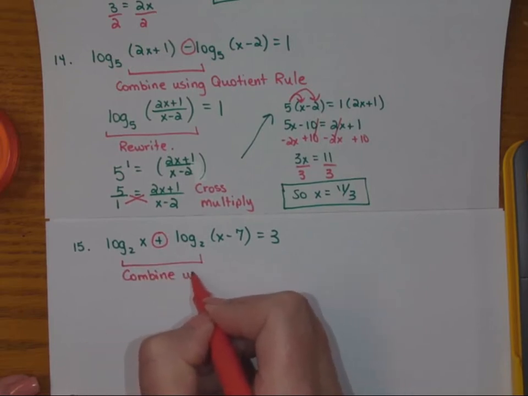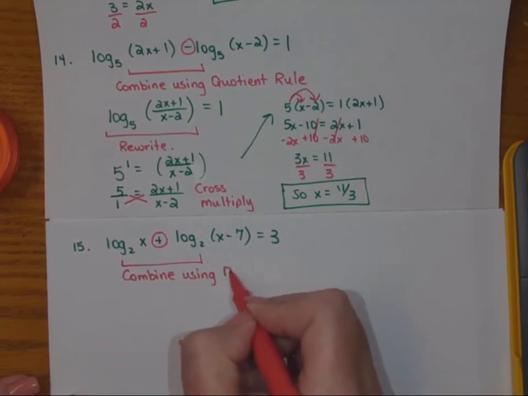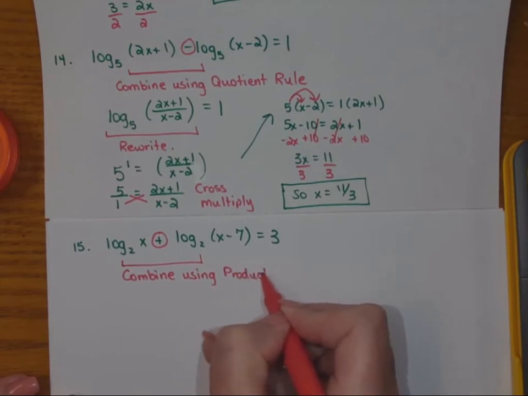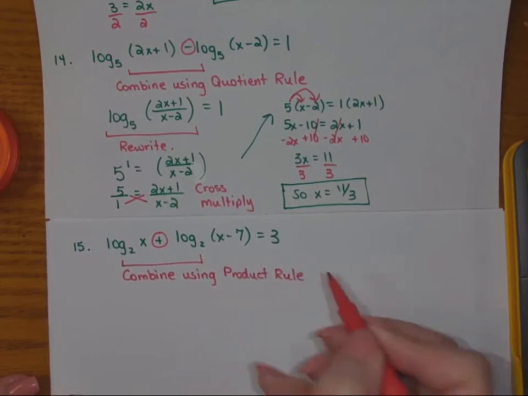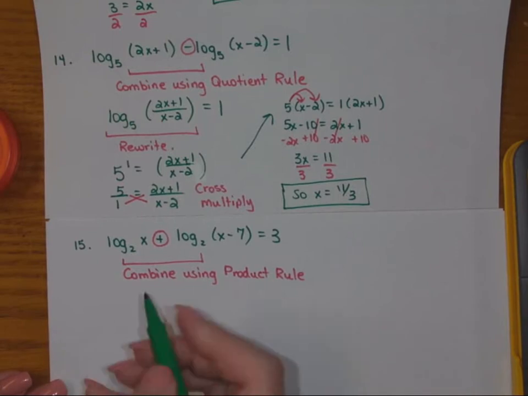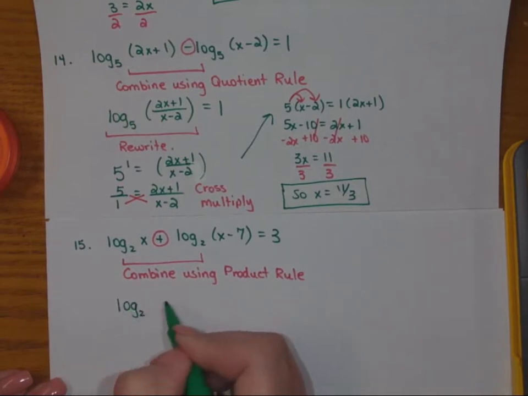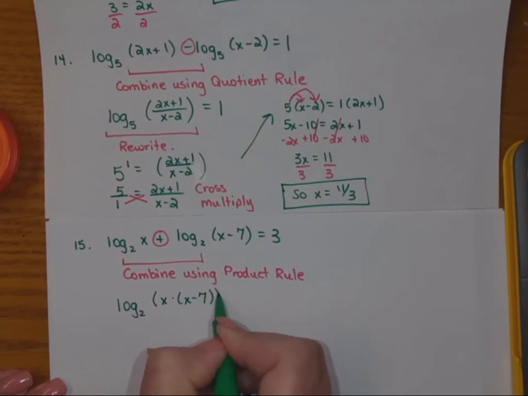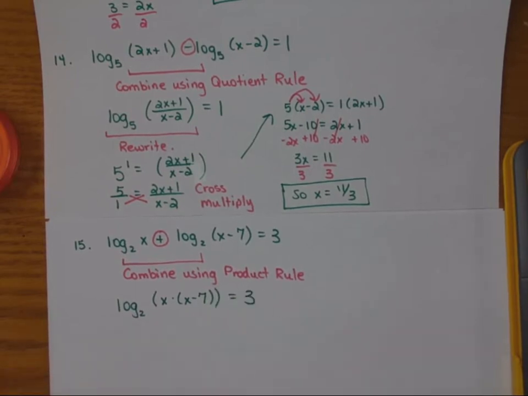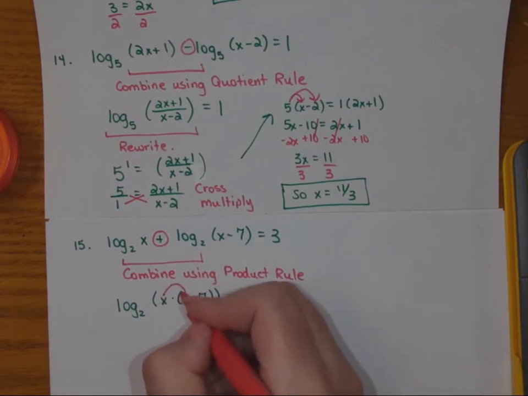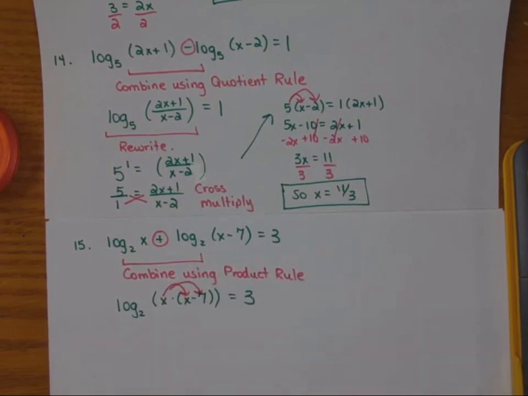So we're going to combine using product rule this time. So this is going to become the log base 2 of x times x minus 7. And then we're still equal to 3. Okay, so before I do the rewrite step, let's simplify this. Like, let's use distributive property there.